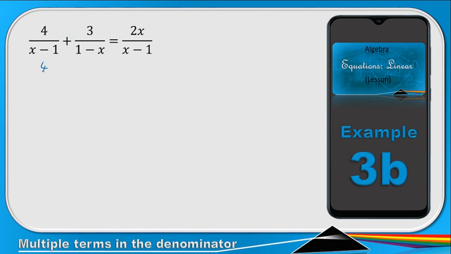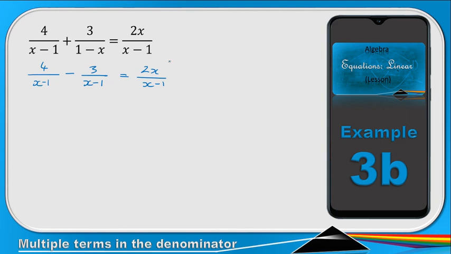So in the first step, we're just going to say, okay, 4 over x minus 1 minus 3 over x minus 1 equals to 2x over x minus 1. So if this was a plus, you could just swap them around. But because this is a negative, you have to change the sign in front of the term.